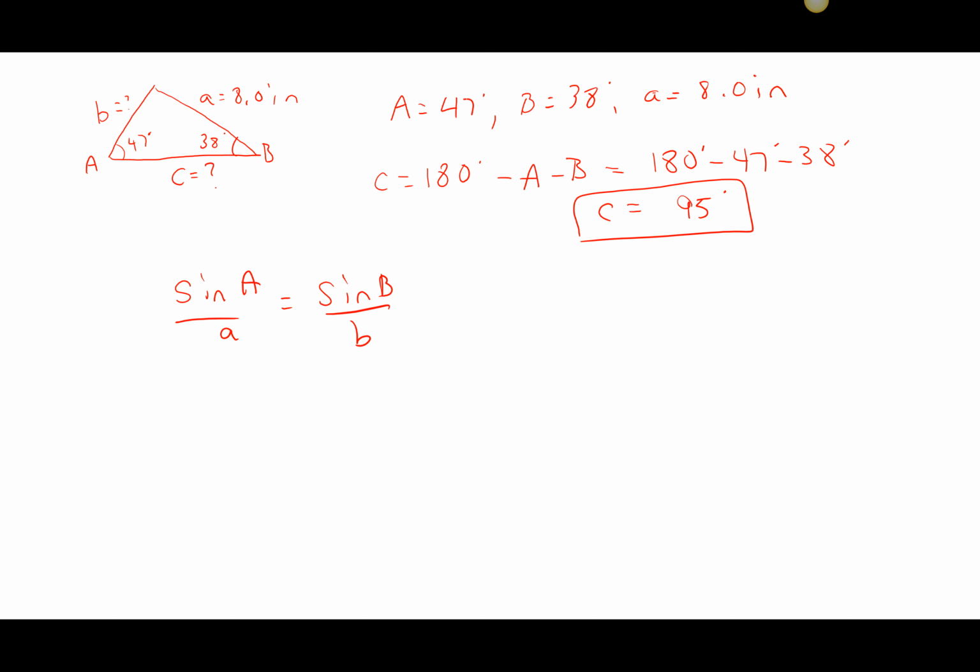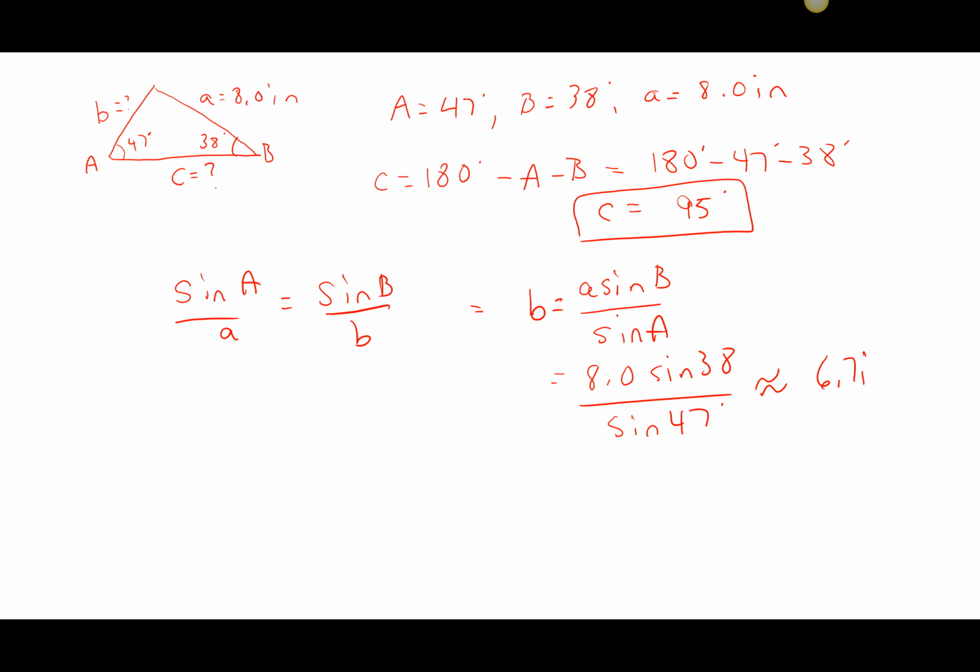So when we put that together, little b equals little a times sine B over sine A. All right, so we plug it in, and that's 8 sine 38 degrees divided by sine 47 degrees. And that's 6.7 inches equals little b, okay? So that gives us B.